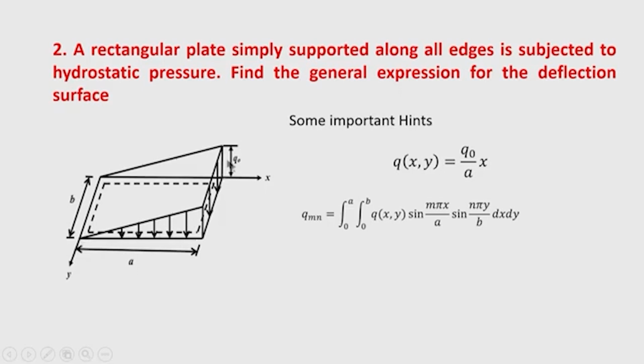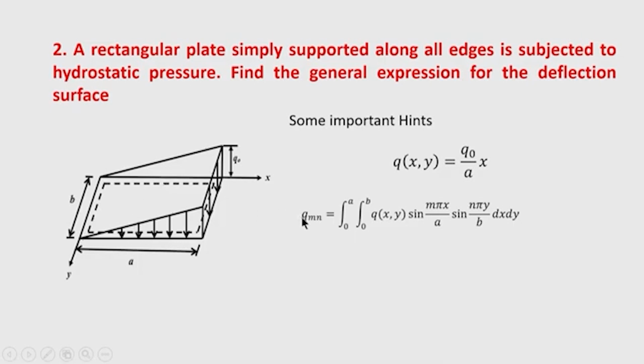So, this pressure is q naught, and some important hints I am giving you. The loading function is expressed as q naught x by a, because the variation is only along the x axis. At any section along the y axis, you will find the same intensity of the load. So, y is not coming in this expression.